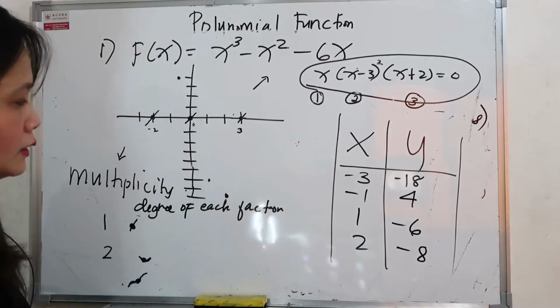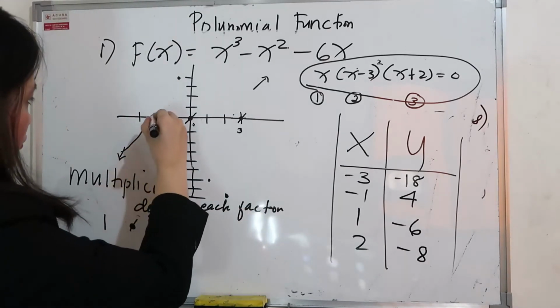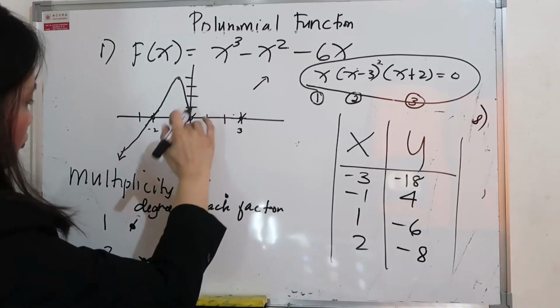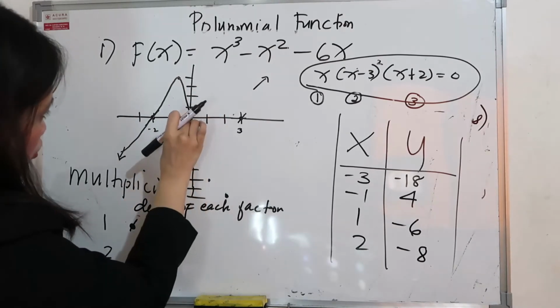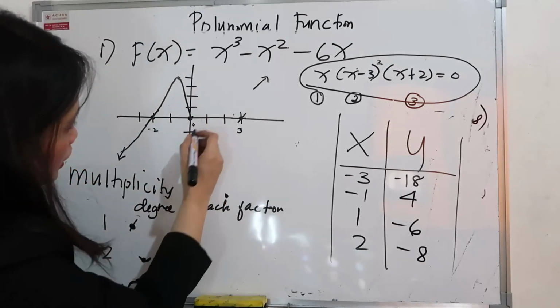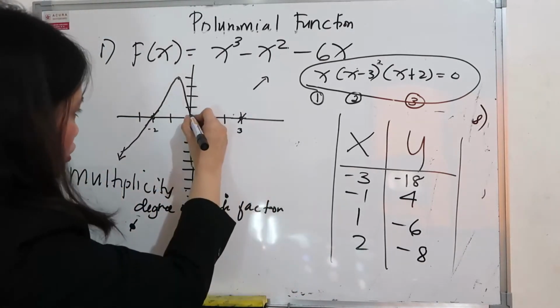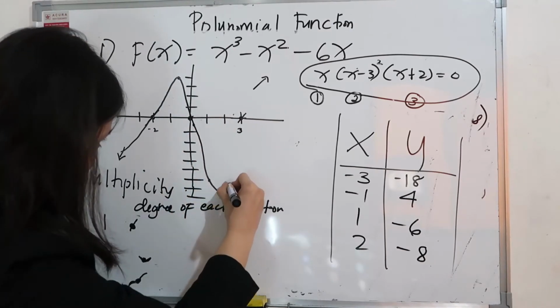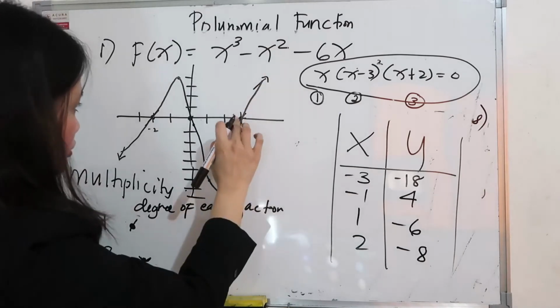So from here, it will not touch this point. It's just straight to that point. So that is the graph.